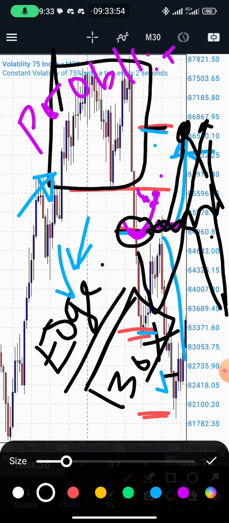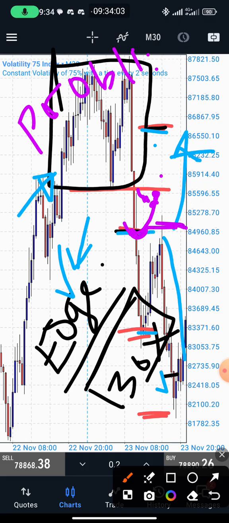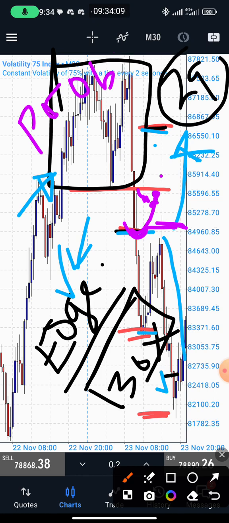Whether it hits your stop loss or hits your target, after this one trade here, you are still going to place another 29 trades. You still have 29 trades to go.